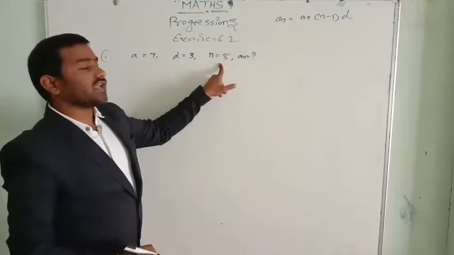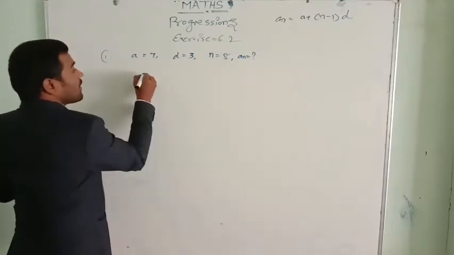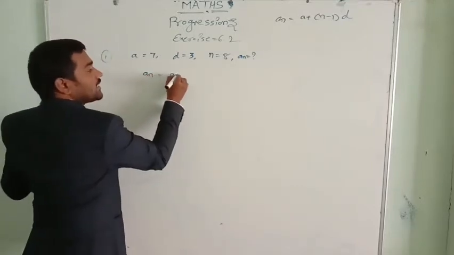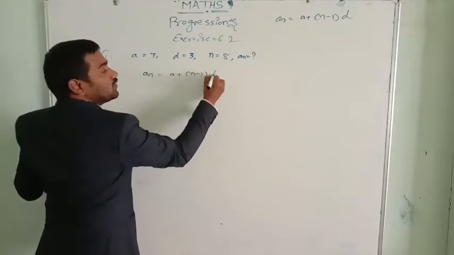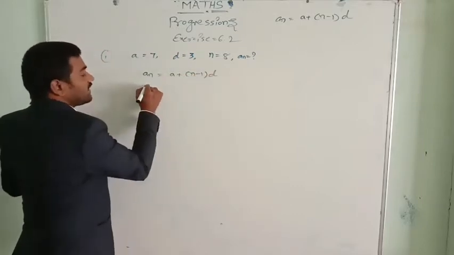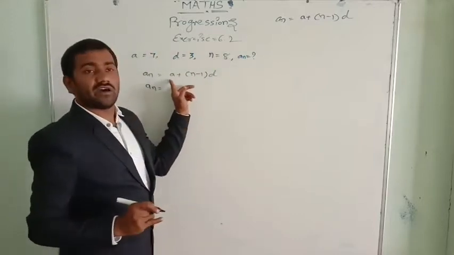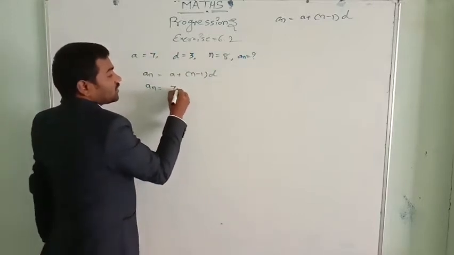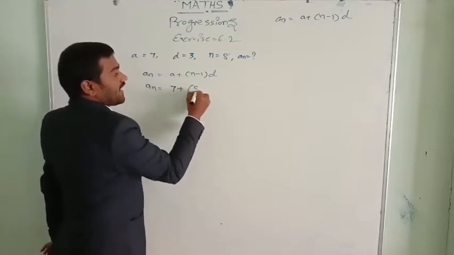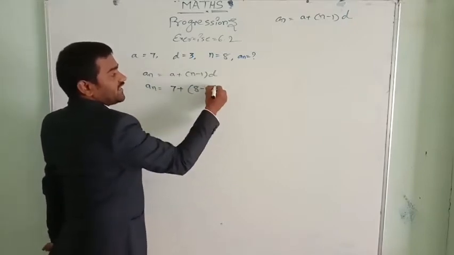So 3 terms are given. We need to find the fourth term. By using the formula an equal to a plus n minus 1 into d, we substitute the values wherever they are present. an equal to 7 plus 8 minus 1 into d, that is 3.